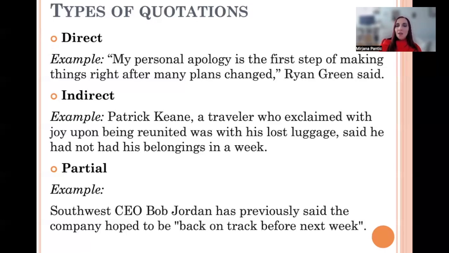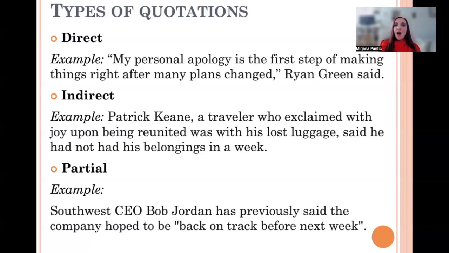Now, how is an indirect quotation going to look? Basically, you use the words that the person used, but you don't need to put them in a direct quote, or maybe you will change the tense used and so on. Let's take a look at this example.